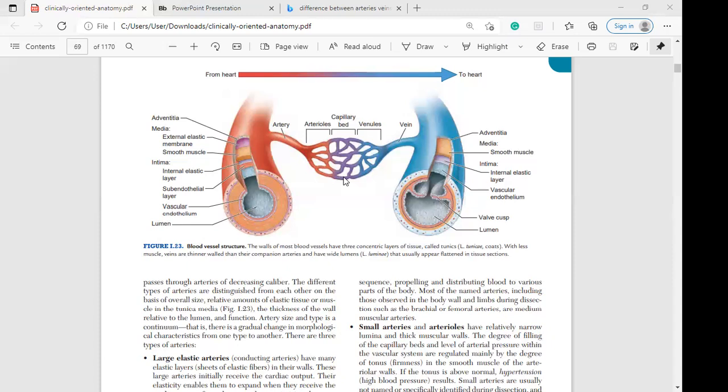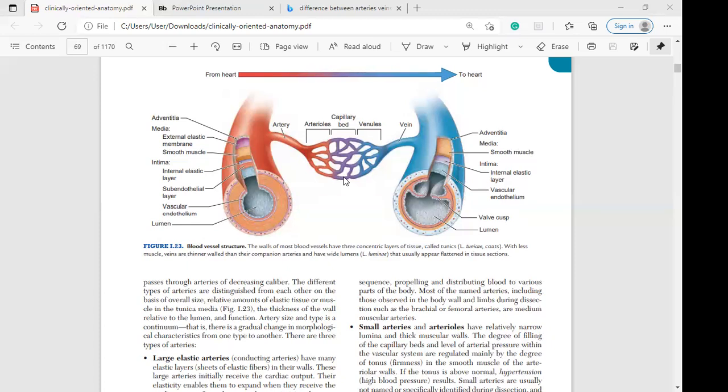Normally they contract to push blood, but if anything increases the contraction of those muscles, your blood pressure will also increase. But we'll talk about that later when we start talking about advanced cardiology and how the vessels work.